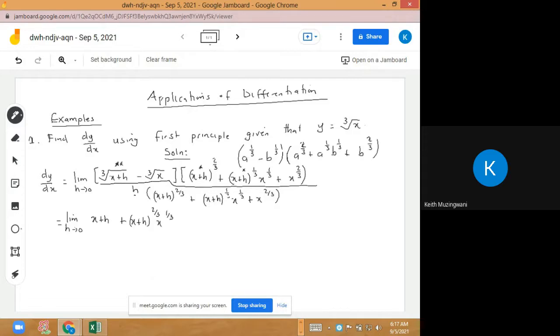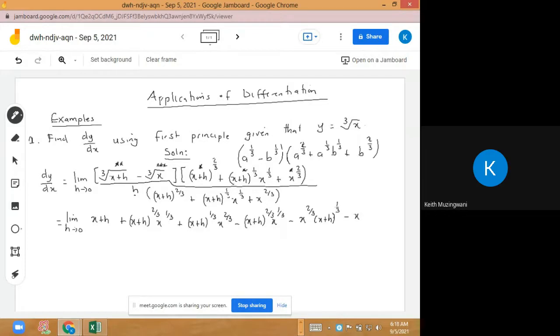This guy here multiplied by this guy here will have plus x plus h to the power 1 over 3, x to the power 2 over 3, minus x plus h to the power 2 over 3, this one multiplied by this one, x to the power 1 over 3, and then this guy again multiplied by this one will have minus x to the power 2 over 3, x plus h to the power 1 over 3, and then now this guy multiplied by this one here, we just have minus x.